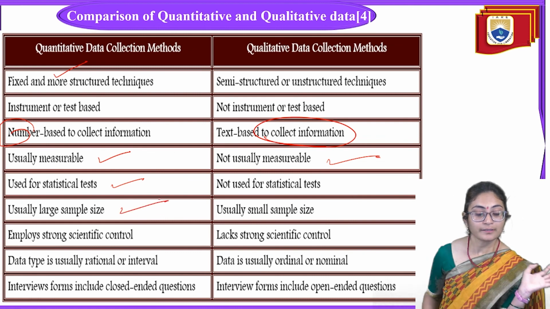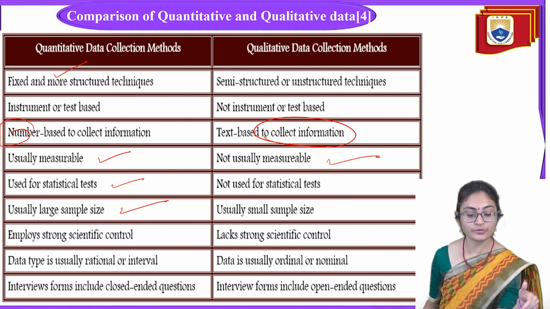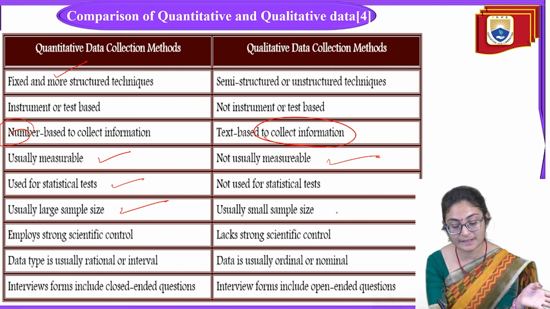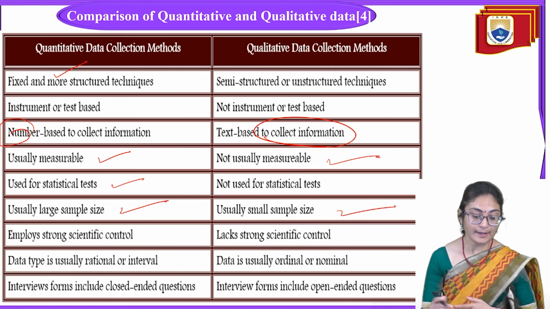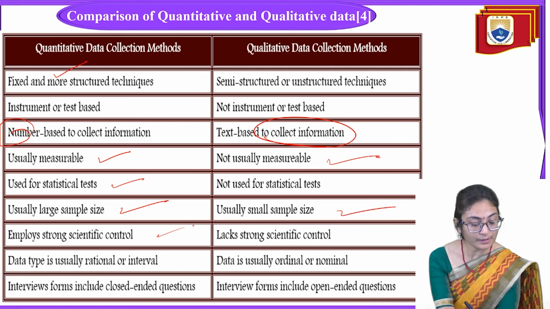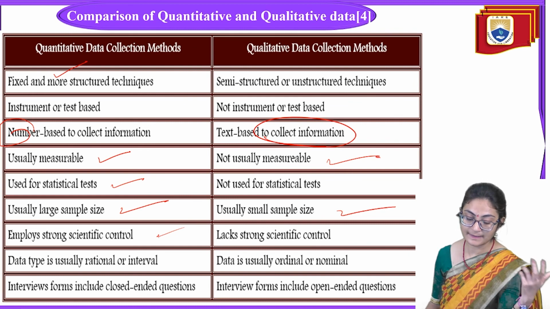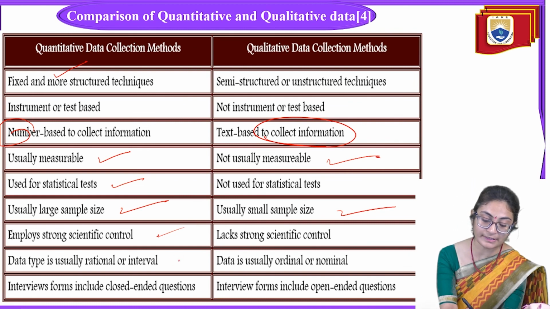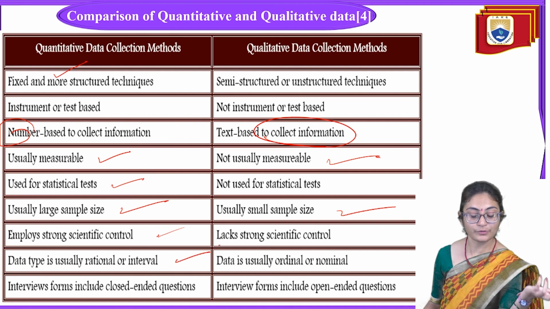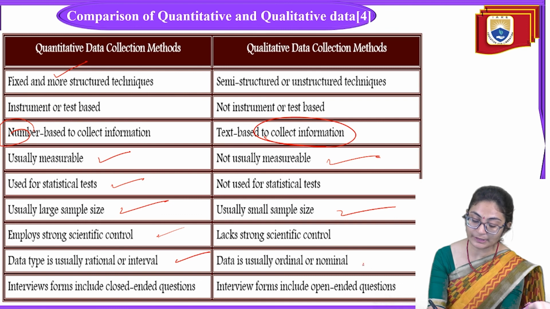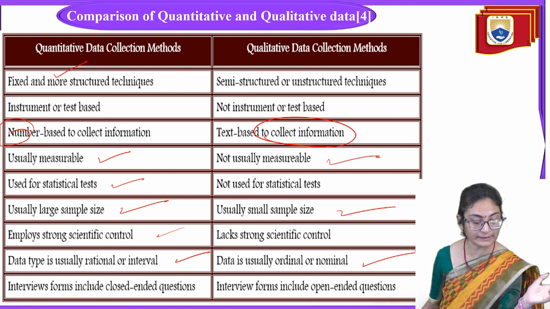Quantitative is generally in a large sample size, and qualitative is in a small sample size. Quantitative employs strong scientific control, and qualitative lacks scientific control. For data types, quantitative generally uses ratio or interval data, and qualitative uses ordinal or nominal data.